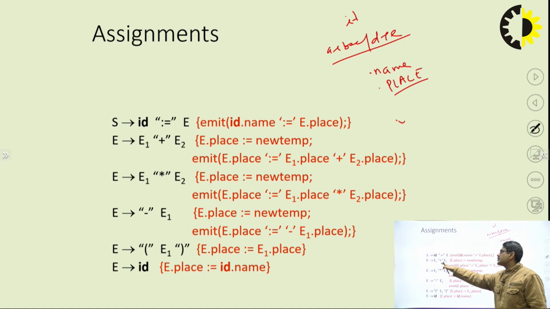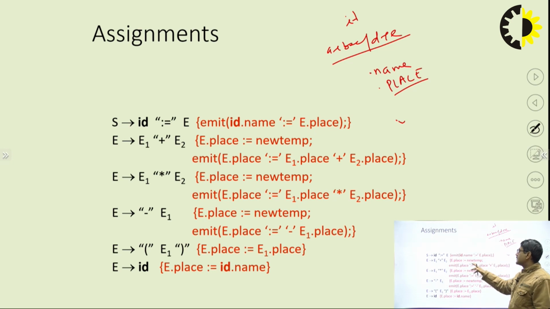In between, E produces E1 plus E2, that is an intermediate operation, because we are taking binary operators, and these binary operators use two operands, find the result using the operator, and this result is stored into some single variable, which again is used for different operations. That is basically E produces E1 plus E2.